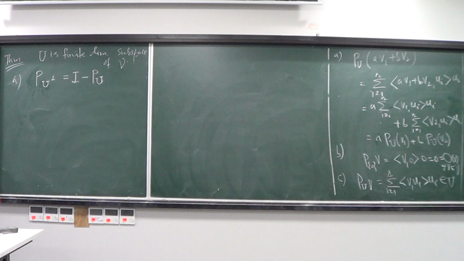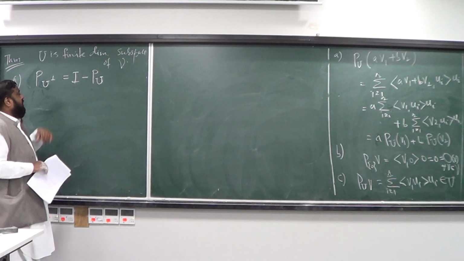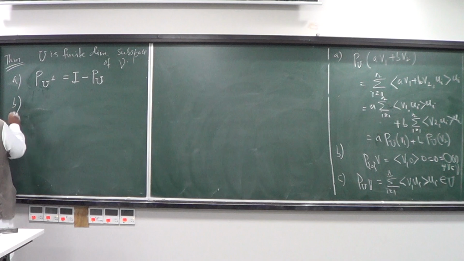Just subtract the orthogonal projection P U from the identity operator. So this is the first property.